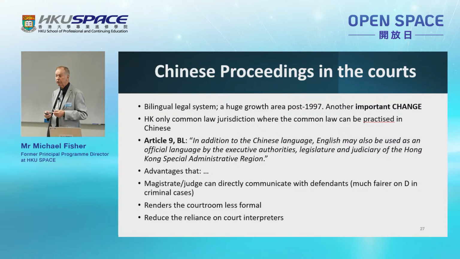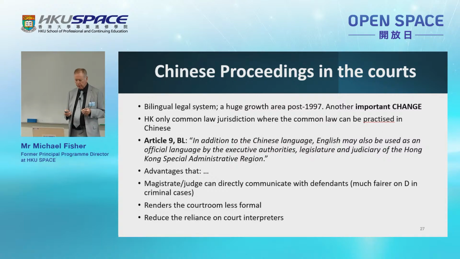Previously, procedure was in English, and the poor defendant would usually be a Cantonese speaker who didn't really know what was going on. That's not a good system of law. This was changed. Now, under Article 9 of the Basic Law, in addition to the Chinese language, English may also be used. The advantages then of using Chinese: the magistrate and the judge can directly communicate with defendants in their own language.